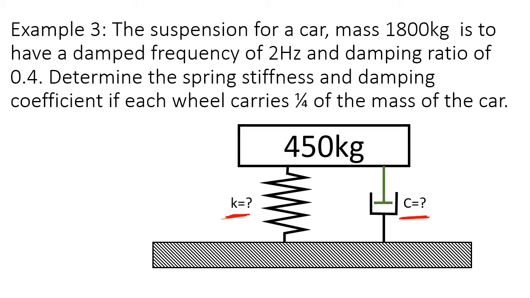We know the damped frequency needs to be 2 Hertz, and we know the damping ratio, so we can probably rearrange the damped oscillation equation to give us our natural frequency, and then use that to calculate the spring stiffness, and then finally the damping coefficient. So let's move on to the next slide and see how we do.